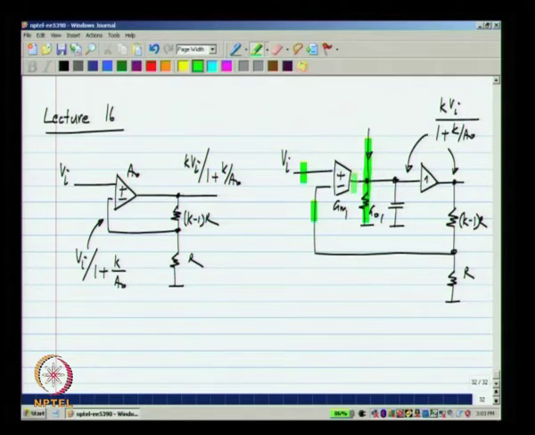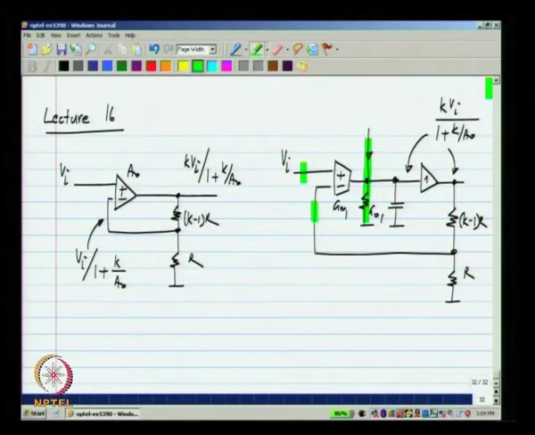So its input difference will be 0. And how much should this current be? We do not exactly know what it will be. It is not easy to calculate, because these parameters Gm1 and Go1, all these things are varying, and what we would like is for this current to automatically set itself to a value such that the difference between these 2 points becomes 0.